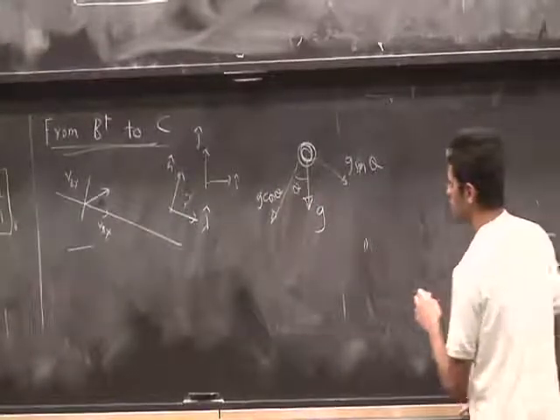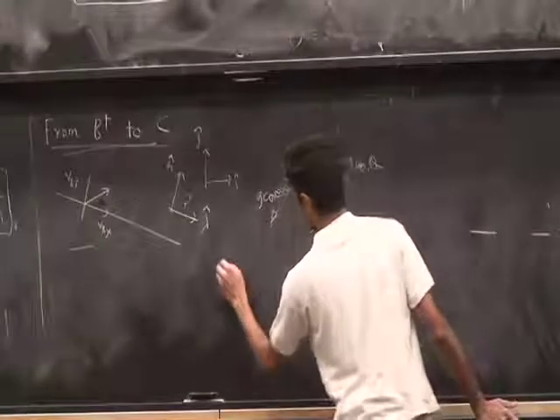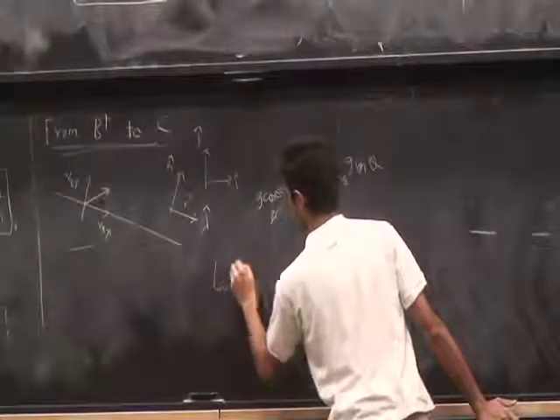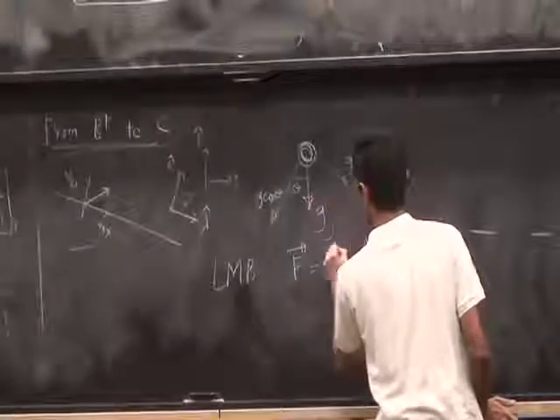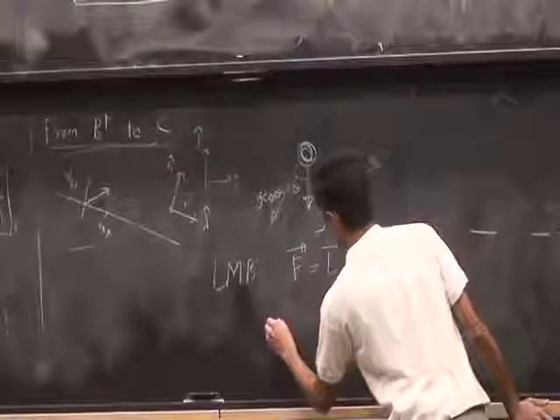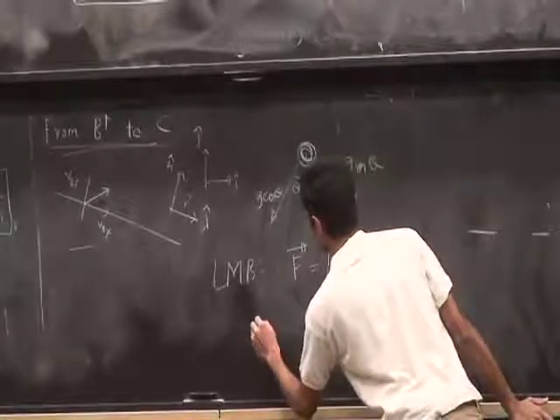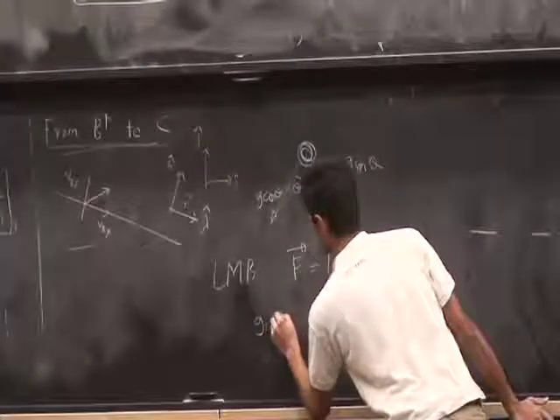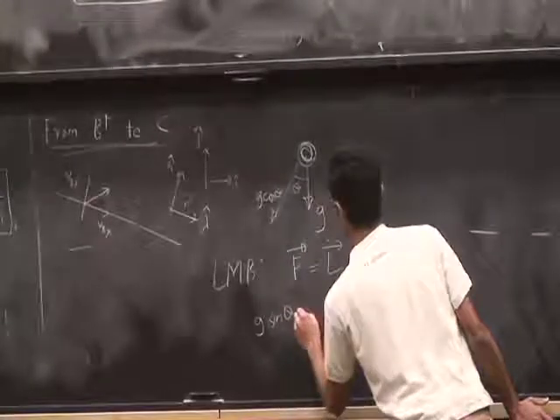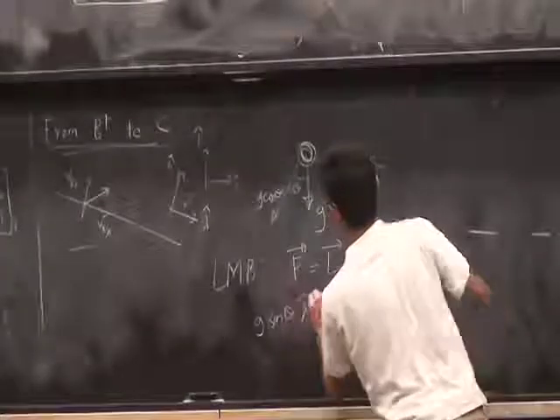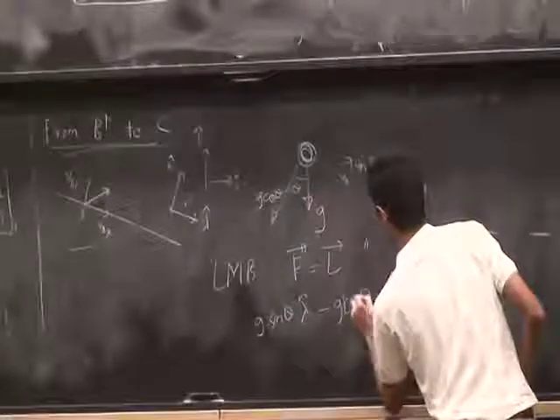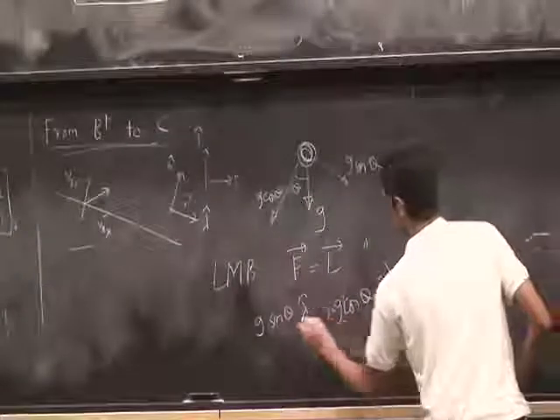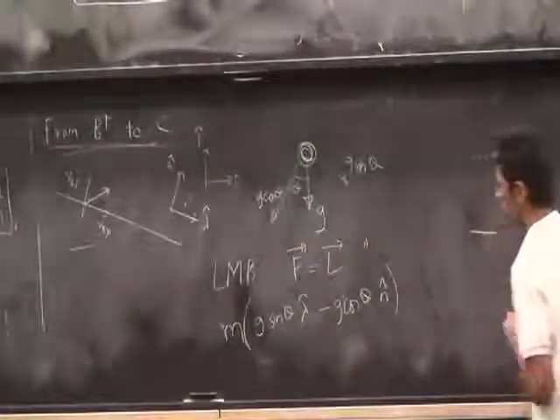Okay, so if that's the free body diagram, then LMB gives me F equals L dot, and F is the external forces. They are G sine theta along lambda minus G cosine theta along n. The whole thing has to be multiplied with m.